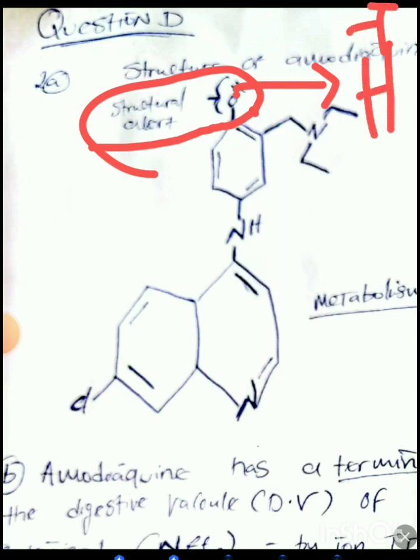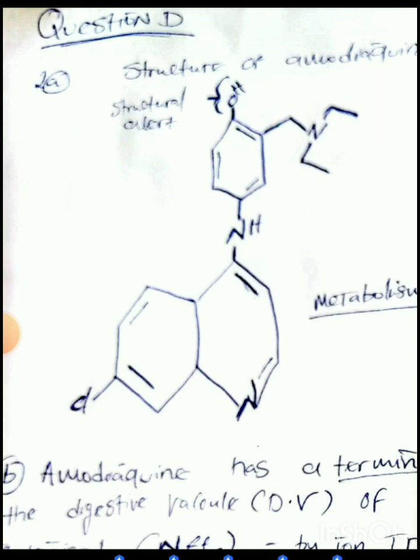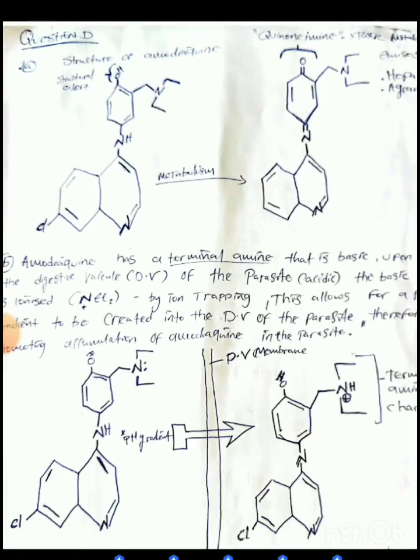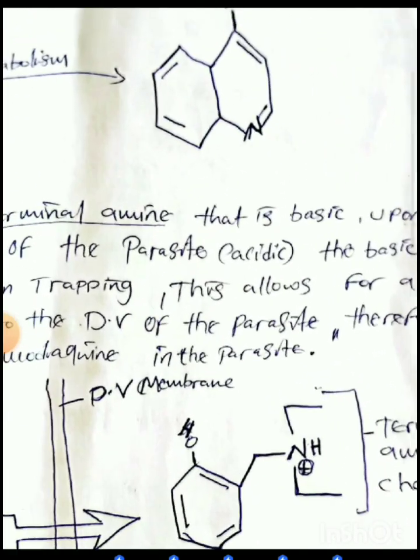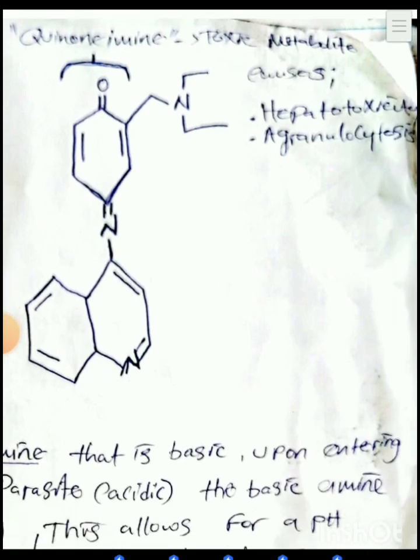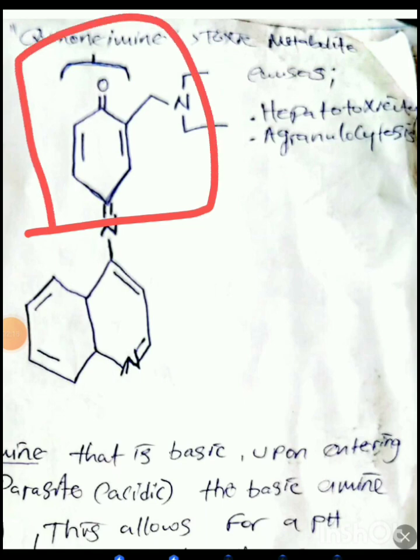Upon oxidation by the cytochrome P450 enzymatic cascade, we lose the hydrogen and form a quinonimine derivative, which is a toxic intermediate and has affinity for proteins, causes hepatotoxicity and agranulocytosis.